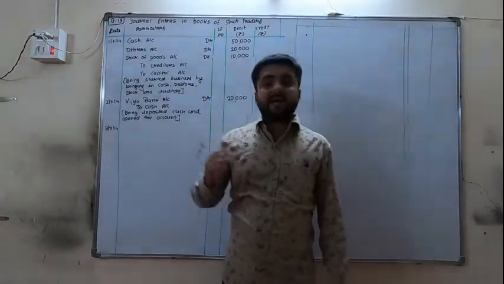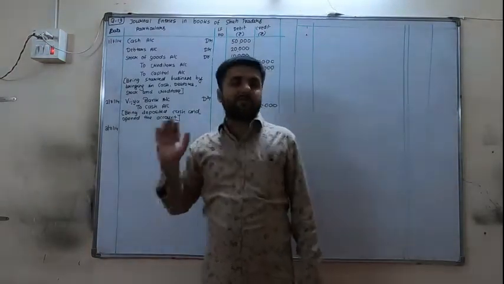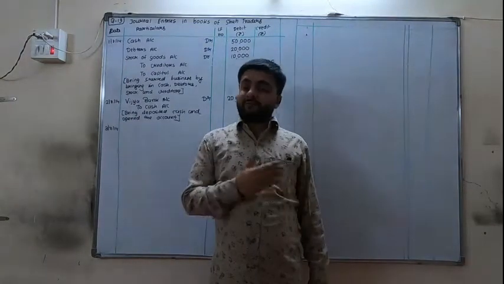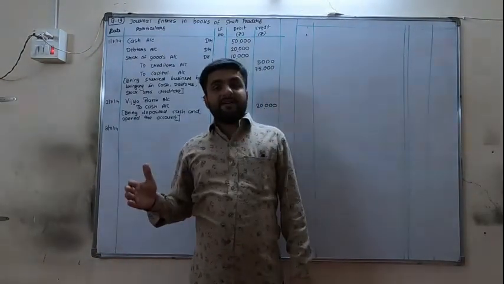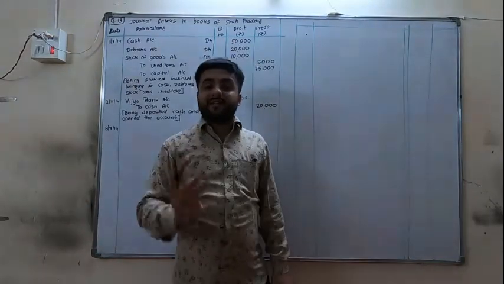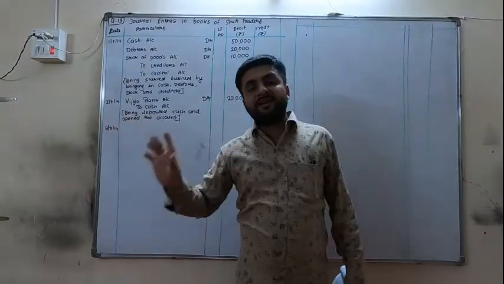As we are paying the half amount, we will receive a discount on it, so discount also should be credited. Now purchase is debited with the full amount, bank is credited, discount is credited. Nothing is clear about the remaining amount, so the amount which is not paid will be written in the name.